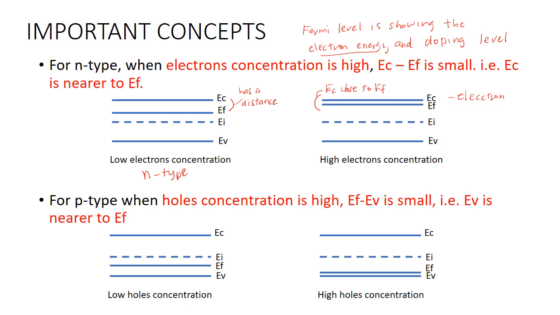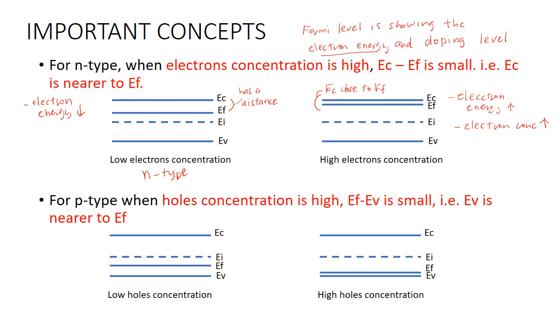This is for high electrons concentration punya doping, punya Venn diagram. And compare yang belah kiri, since your EF ni jauh sikit daripada EC, this shows that electron energy is lower. Maksudnya, sini adalah kurang elektron berbanding dengan yang belah kanan.